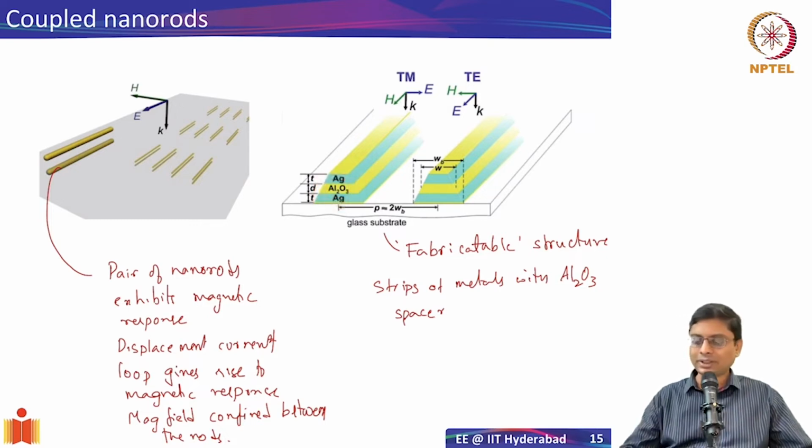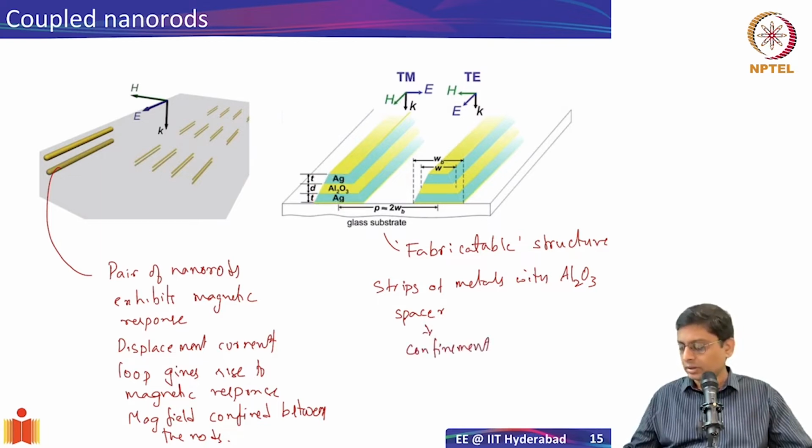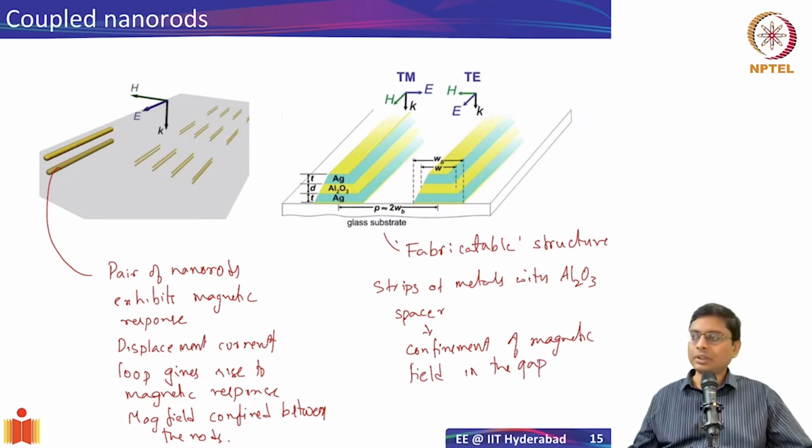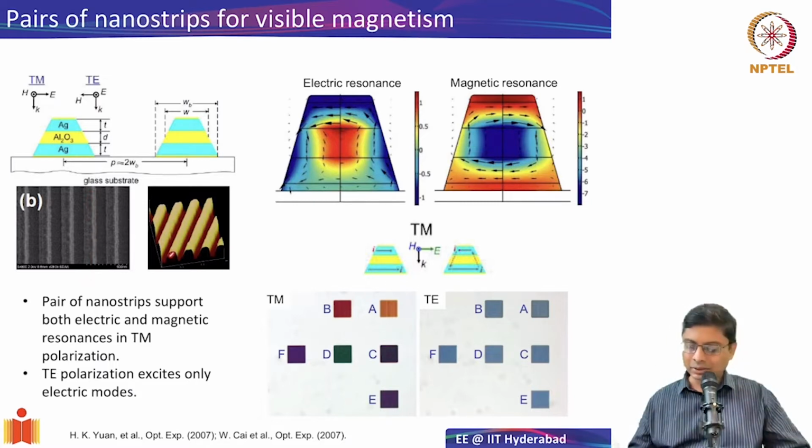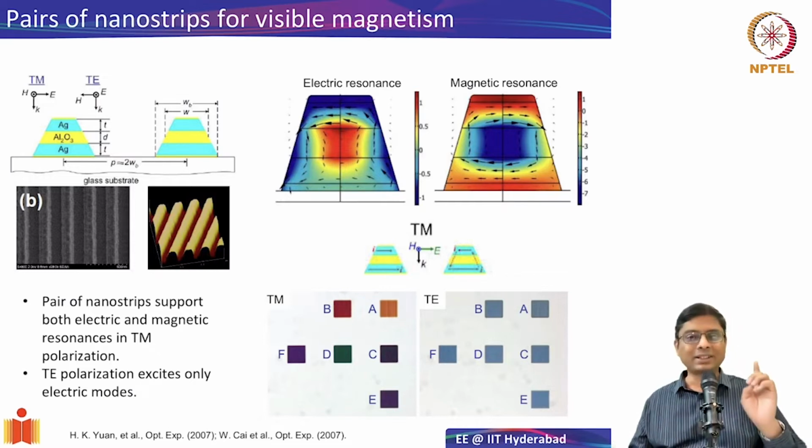So I can look at a structure which is fabricatable, and this is the actual structure which is fabricated. You see that it's not straight lines, it's sort of trapezoidal, and that's what an AFM image also shows you. If you have such a structure, you can have excitations in two ways.